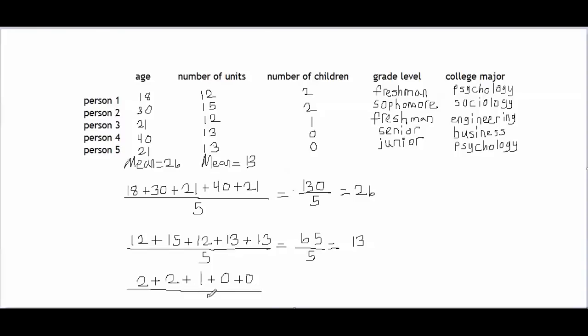If we add the numbers on top, we get 5, because 2 plus 2 plus 1 is 5. We don't have to include the zeros, because they don't change the answer. If we divide 5 by 5, we get 1. The mean number of children in this data set is 1.